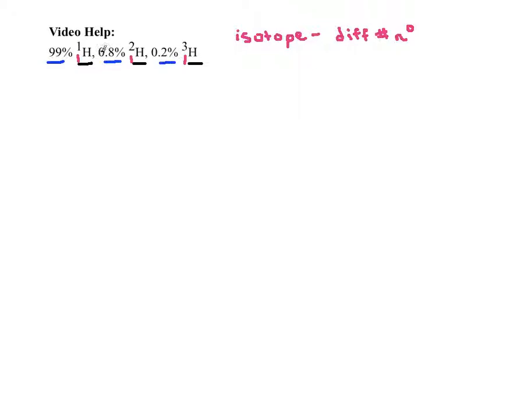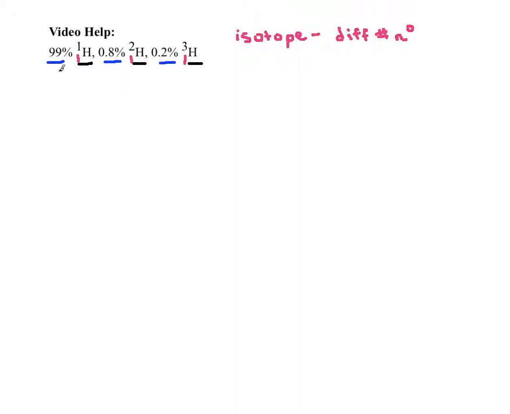Obviously, it's going to be super close to 1, and if you don't get super close to 1, you did something wrong, because 99% of all of the hydrogen found in the world has a mass number of 1, meaning it has 1 proton and no neutrons. The other ones, this one that has 1 neutron and this one that has 2 neutrons, are way less abundant.